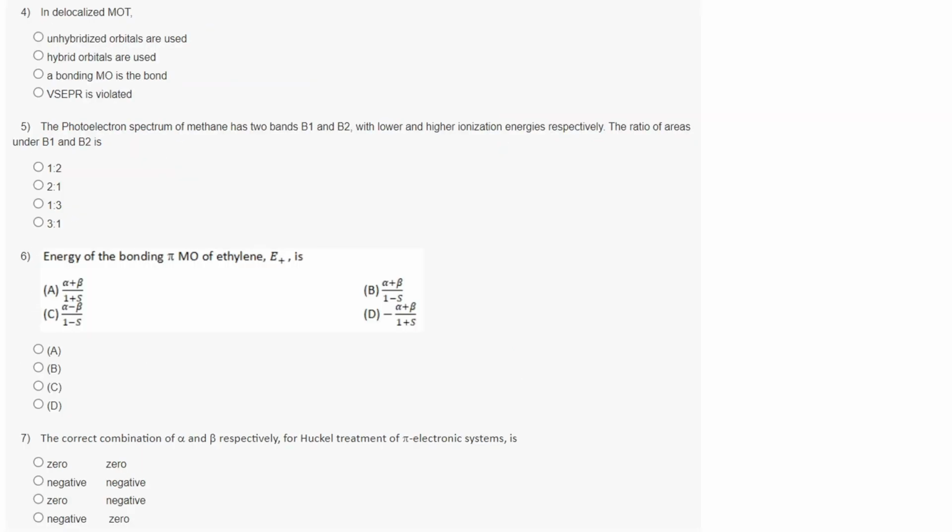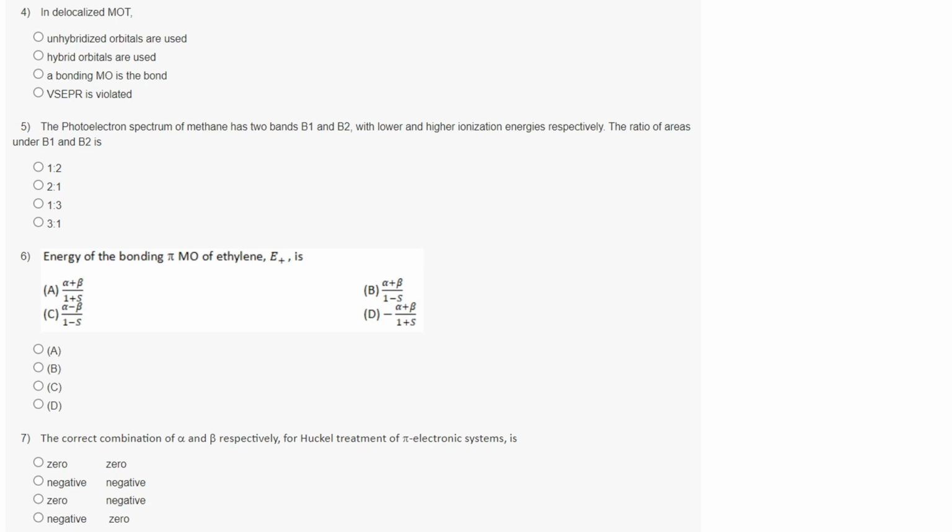Now, should we discuss this question in delocalized MOT? I hope you will be able to solve that. In MOT you are going to get the delocalization, right? In your VBT, delocalization was not there. We have talked about VBT, hybridization. We are saying that the hybrid orbitals are directional, so we are actually localizing the electron, not delocalizing.